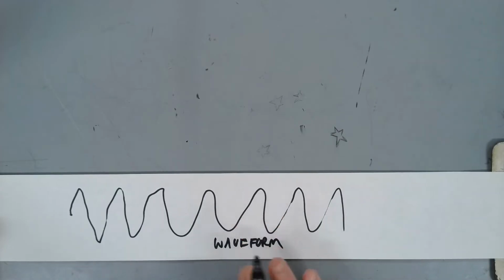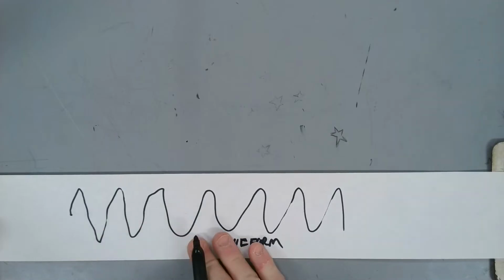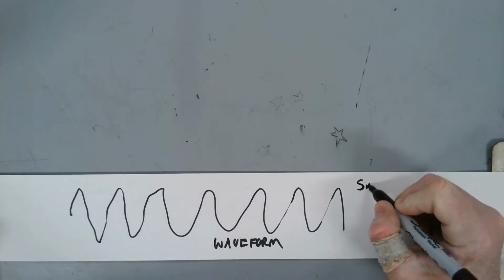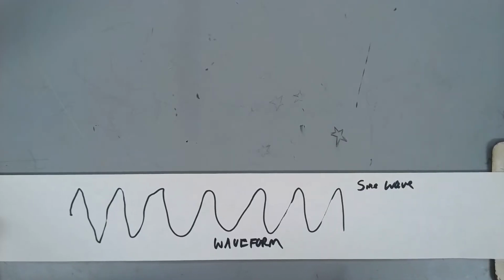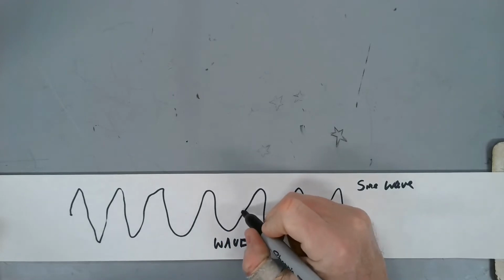Graphing the motion of something in periodic, simple harmonic motion makes a waveform. For those of you that are familiar enough with the math, you recognize this as being a sine wave. This is a graphical representation of the motion of something in simple harmonic motion.